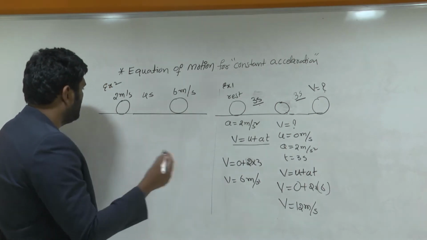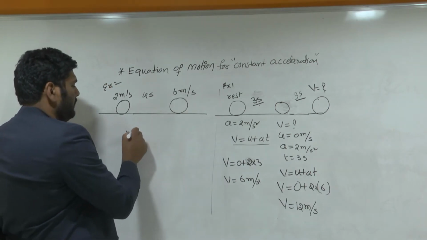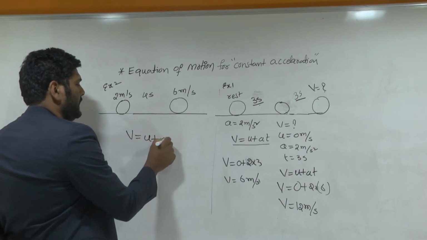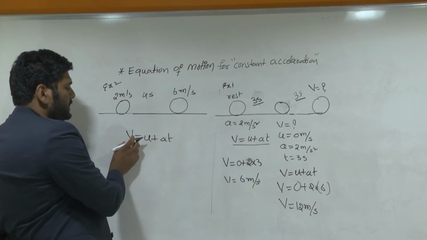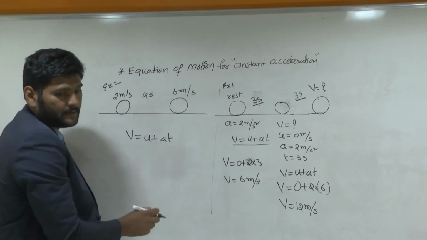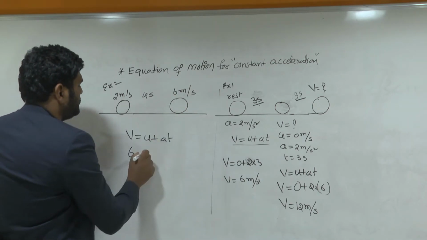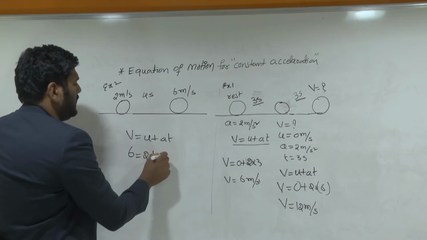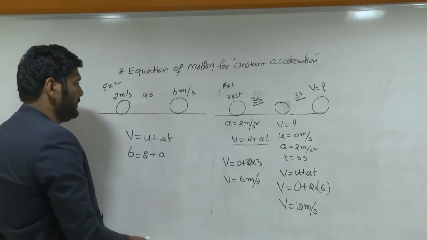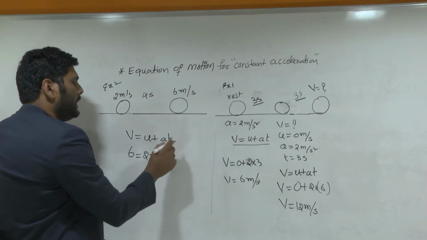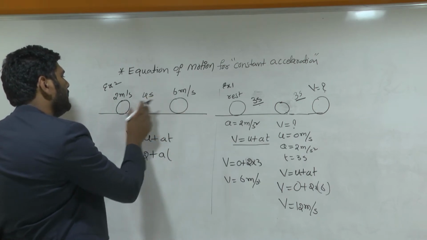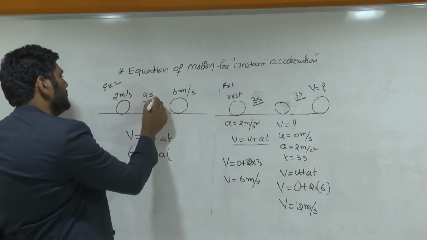Is it real? Let us verify. V is equal to u plus at. So you can take V as 6 meter per second, and u as 2 meter per second. Acceleration is unknown, and t, the time taken for changing this velocity, is 4 seconds.